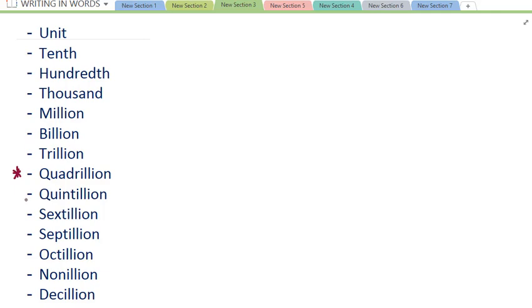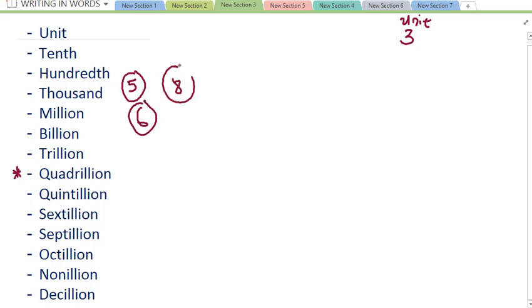Now I want you to just give me your undivided attention. When we have a number like, let's say 3, because this number is single, it's called units. It's called units because it's a single number. So 5 is a single unit, 6 is a single unit, 8 is a single unit.